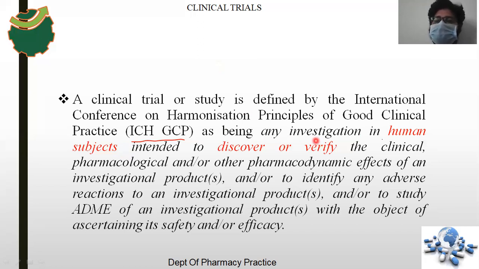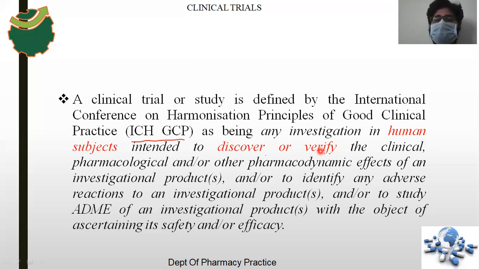So we say any investigation in human subjects intended to discover or verify, meaning you are going to discover something new, or verify it. You're going to discover the activity of a drug, or verify whether this target, or this gene, is responsible for this disease condition.